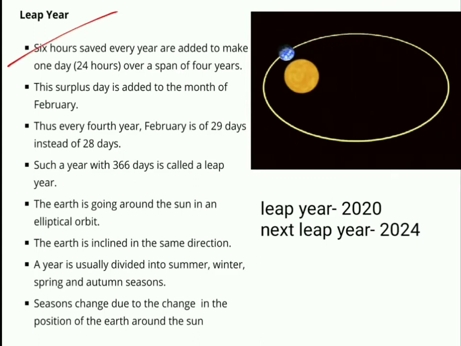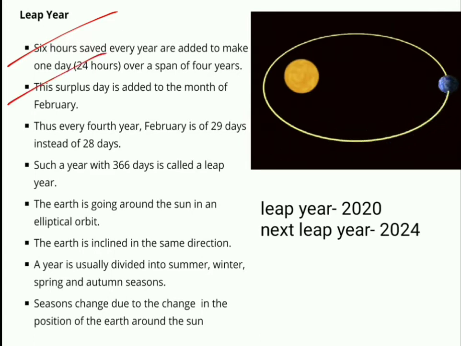The 6 hours saved every year are added to make one day. That one day means a 24 hours period over a span of 4 years. So after 4 years, we will get one extra day of 24 hours by adding the 6 hours of each year.